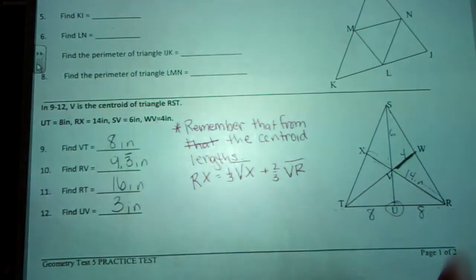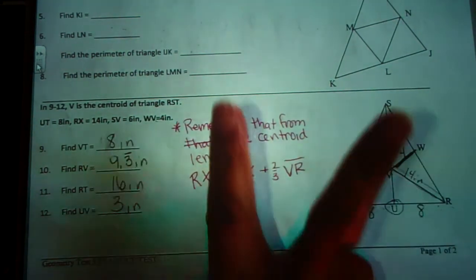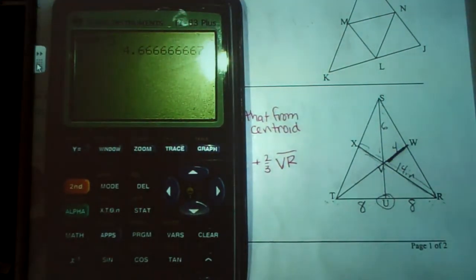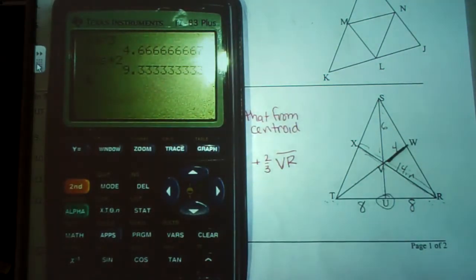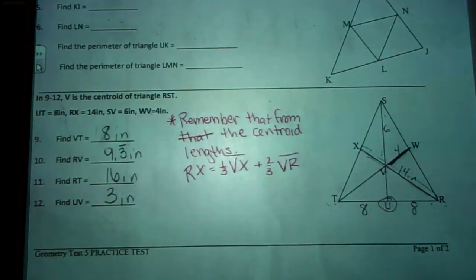If I'm looking at RV, RV is the longer of the 3/3. RV has to be 2/3 of the length. So 1/3 is like 4 and 7 tenths. If I multiply that by 2, that means that RV should be roughly 9 and 3/10 inches.